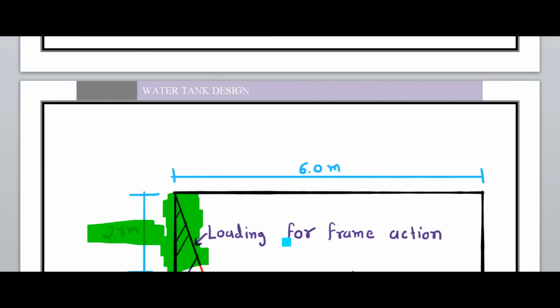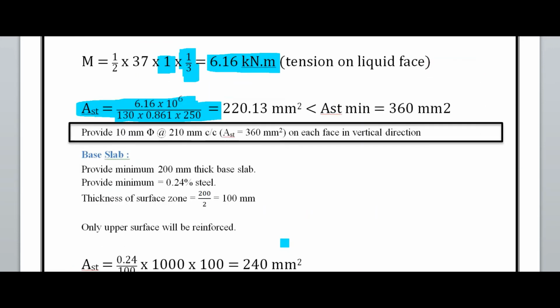This equation is used to find AST. But AST minimum is 360 mm square. Why? Because 0.24% steel is the minimum. So 360 mm square is the minimum. We found 220, so it is neglected and we use 360 mm square for the design.